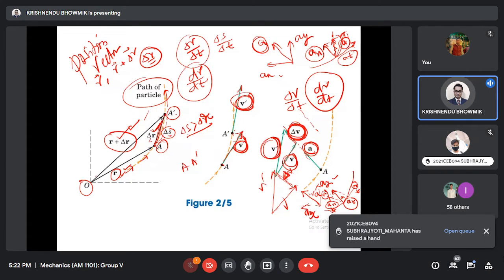It is basically the decomposition of acceleration in xy coordinates or in normal and tangential coordinates.